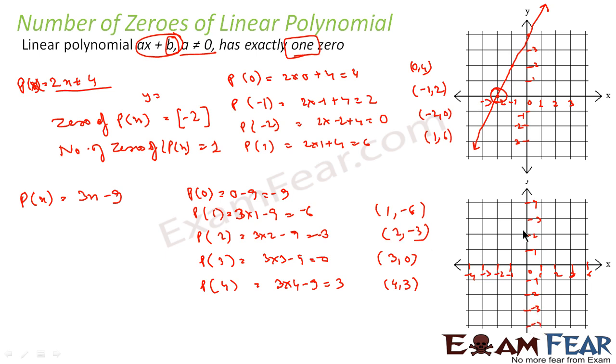First point is (1, minus 6), somewhere here. Then the point is (2, minus 3), x is 2, y is minus 3, this point. Then (3, 0) is this point. (4, 3), this is 4 and this is 3. This point. Correct? So if you join these points, you'll get a line like this.